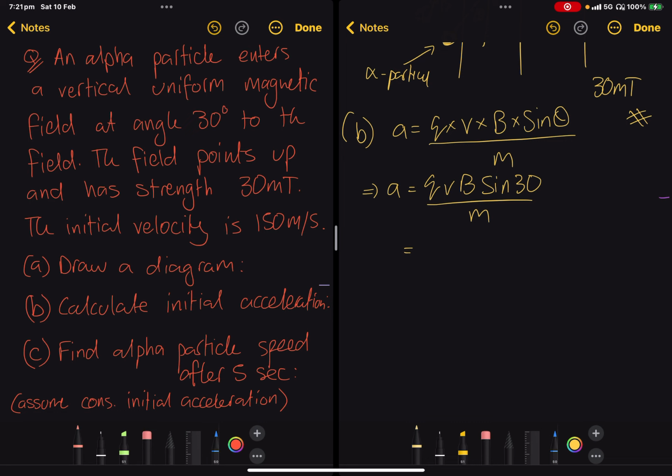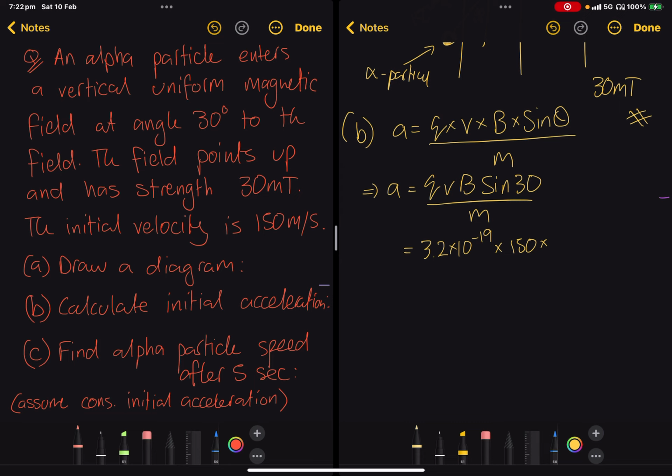So we were told that this is an alpha particle. We've encountered alpha particles a few times in this course so far. You may have memorized the charges and the masses, you might not have, but the charge of an alpha particle is roughly 3.2 times 10 to the minus 19 coulombs. You have to multiply this by the initial velocity, which we're told is 150 meters per second. We have to multiply this by the field strength, which is 30 milliteslas.